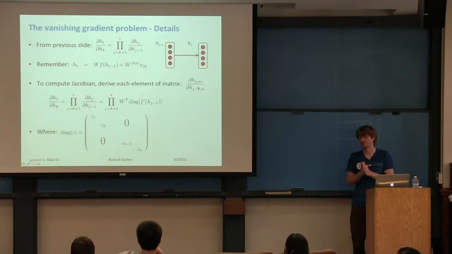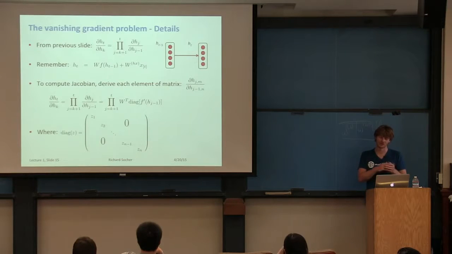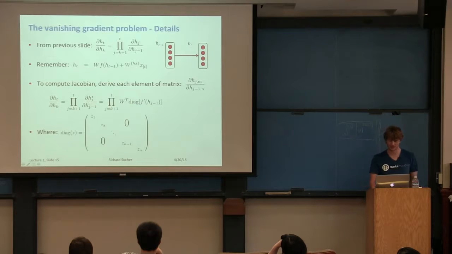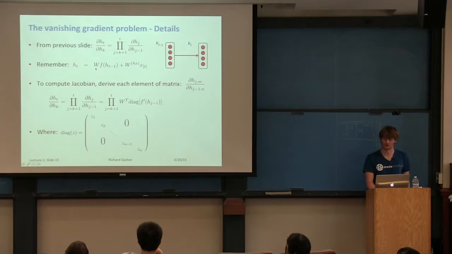But then there's another trick that we haven't really discussed that much, which is how do you get from that pattern that you'll observe once you take these derivatives into a nice matrix formulation? And this is one such trick here, where the derivative of each of these with respect to just the previous hidden state will be W transpose, that one is pretty similar to what you've derived before, times the diagonal of f primes.